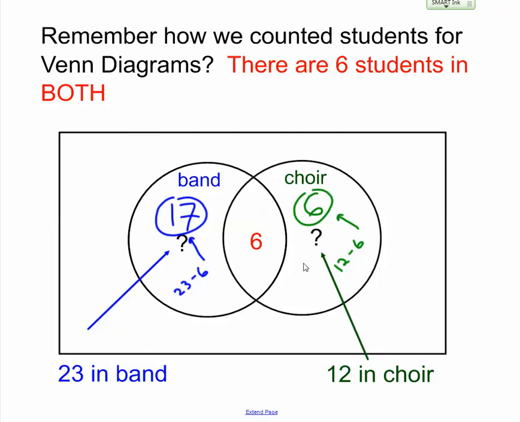Well, go back to what we did with Venn diagrams. If there are 6 students who are in both and 23 are in band, 23 minus 6 gives us 17 in band that are not in choir. And the 12 in choir minus the overlap, 6, gives us 6 in choir who are not in band. If I wanted to know the total of these students now, I add 17 plus 6, which is 23, plus 6 is 29. So I have 29 students that are either in band or choir.